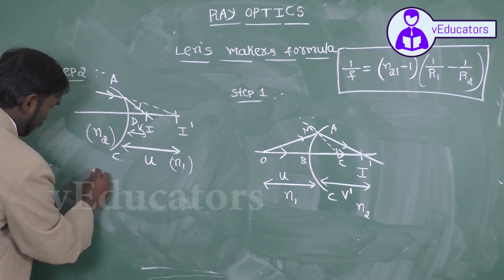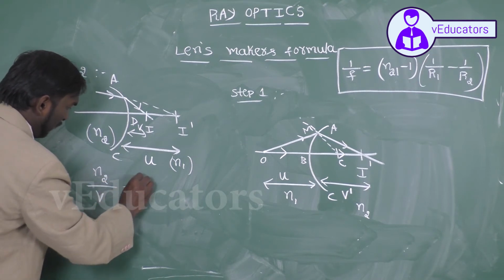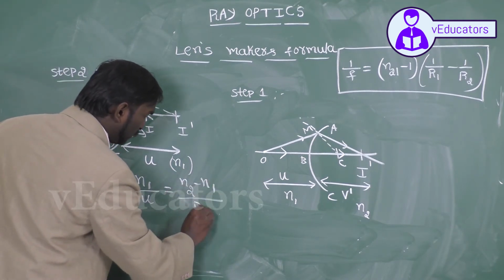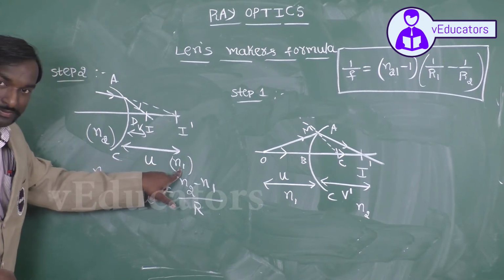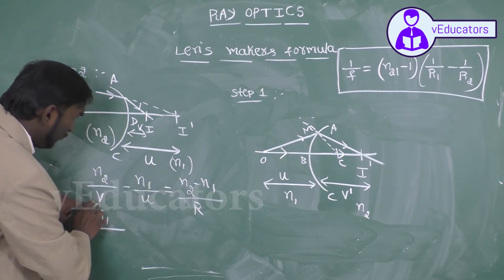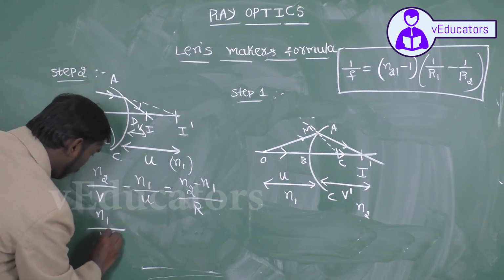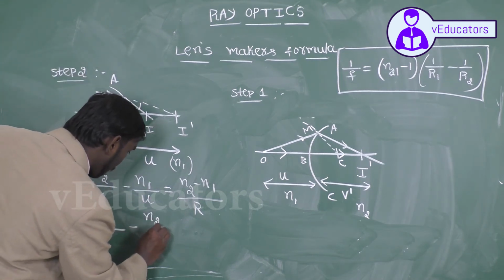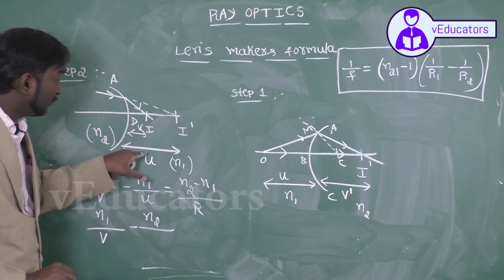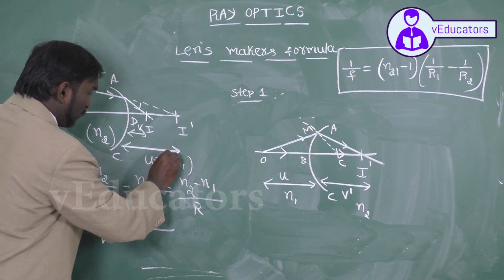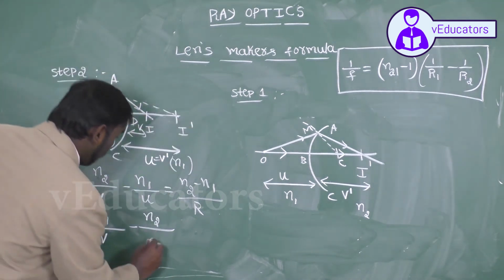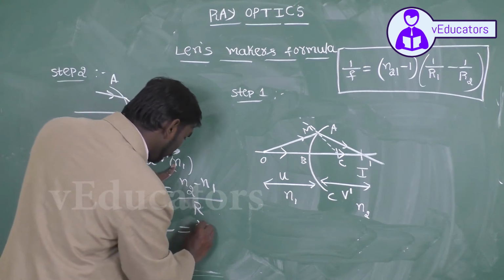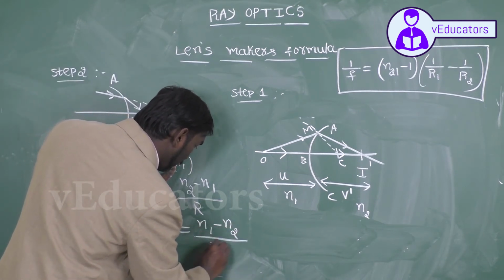Now observe this. We have the standard equation n2 by v minus n1 by u is equal to n2 minus n1 by R. Instead of n2 we have n1, so n1 by image distance, which is v, minus, instead of n1 it is n2 divided by the object distance, which is v dash, the image distance in the first surface, is equal to n1 minus n2 by R2.